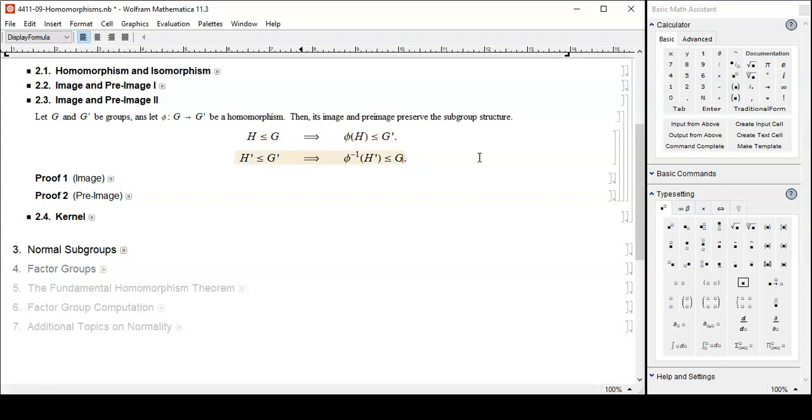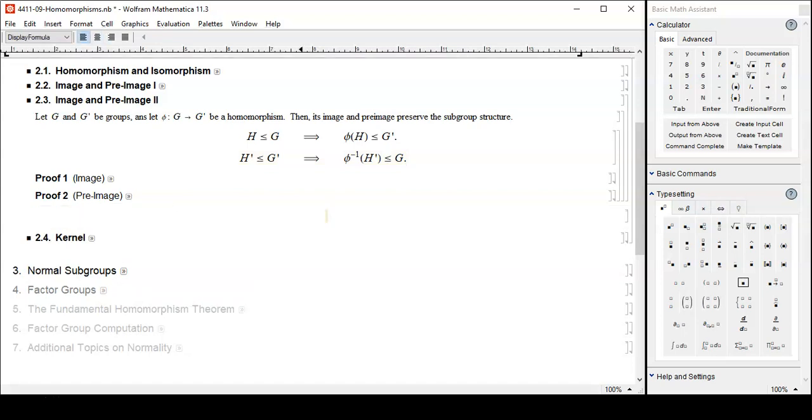The preimage. Let's see, what do you have to prove? Closed under the group operation. So if x prime and y prime are members of H prime, and preimage belongs to G, so I have to say x and y.